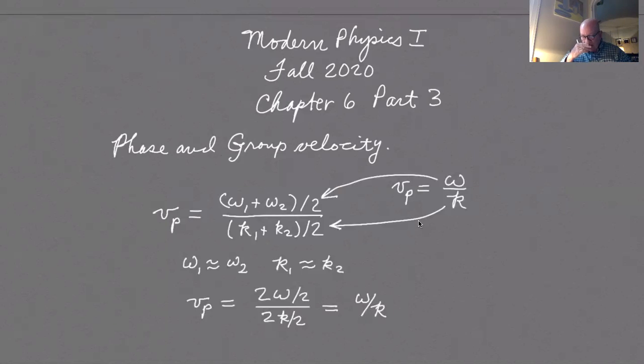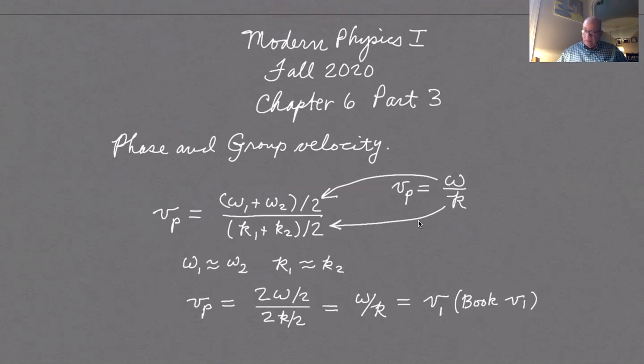So each of those waves in the composite has a phase velocity which is approximately the same. We'll call that v phase. Your book calls that v1, because again, omega 1 is approximately equal to omega 2, and likewise k1 is approximately equal to k2.